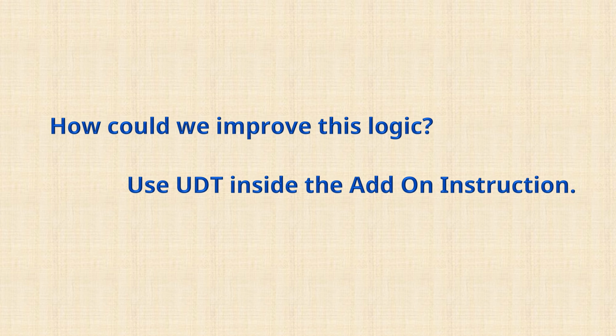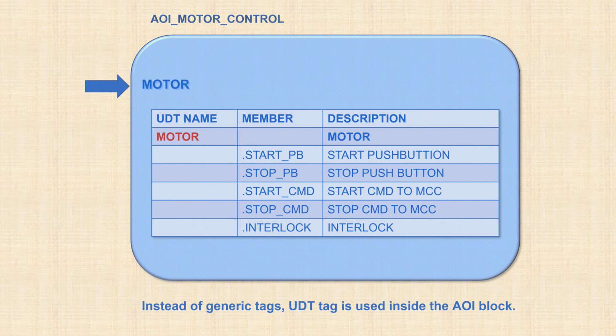Let's see how to do this. If the PLC we are using allows us to use UDT inside the AOI, then we could create an instance of UDT inside AOI. Here we have created an instance of UDT as motor that is based on the UDT_motor template.